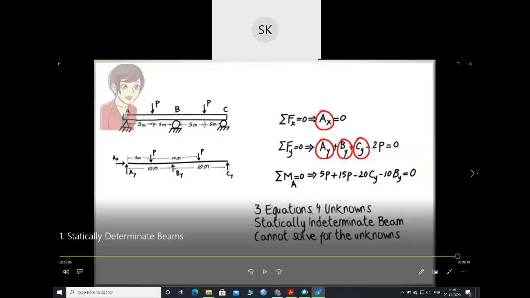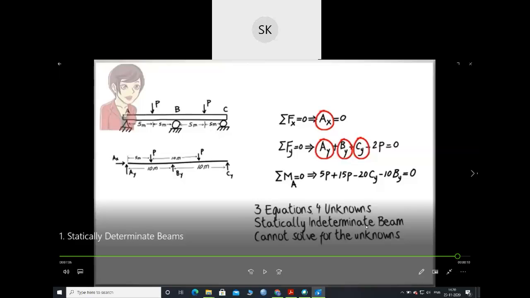In earlier problems we saw that three equations were sufficient to find the reactions, so it is called a statically determinate beam. So when these equations are insufficient to find the unknowns, or you can say when the number of unknowns is more in comparison to the equations, your beam is called a statically indeterminate beam.